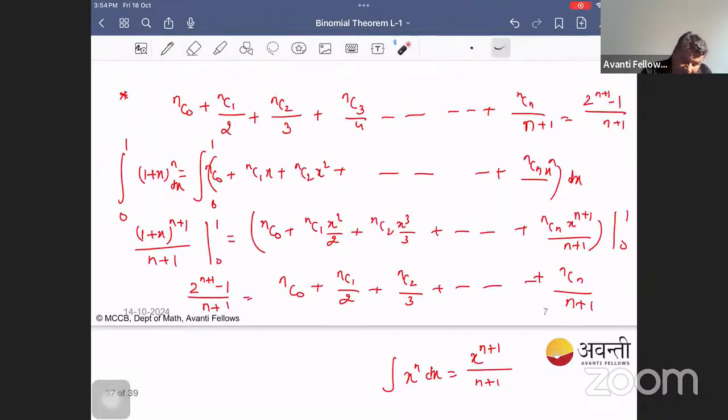So what did I do? I integrated both sides. So the left side integration is (1 plus x) to the power n plus 1 upon n plus 1. On the right side, the integration of 1 is x, the integration of x is x square by 2, the integration of x square is x cube by 3, the integration of x to the power n is x to the power n plus 1 upon n plus 1. Correct? Now put the limits from 0 to 1. I hope I made my point clear.